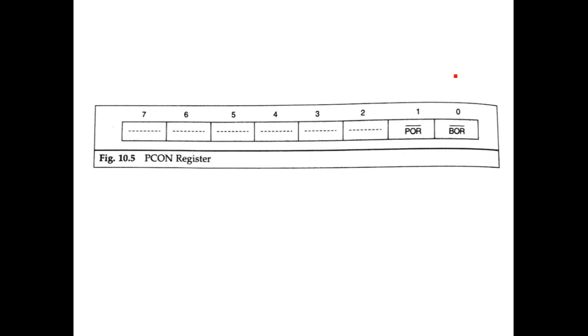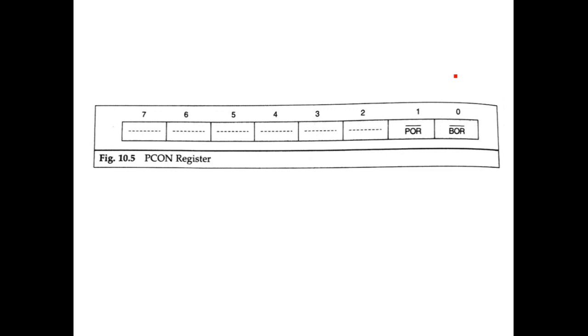You can apply the reset signal, or when the power supply is switched on, the microcontroller is automatically reset, or when the power supply goes below a certain voltage. Typically, the normal voltage of the power supply required is 5 volts. But when the voltage goes below a certain level, maybe typically 2 volts, then the microcontroller is automatically reset. That is called brownout reset.